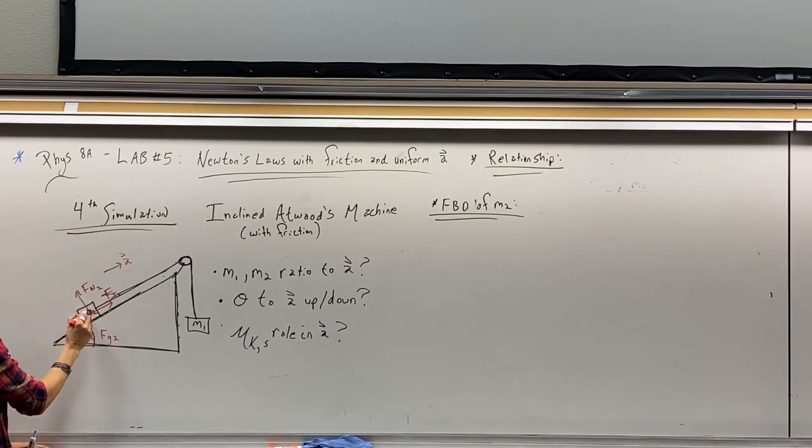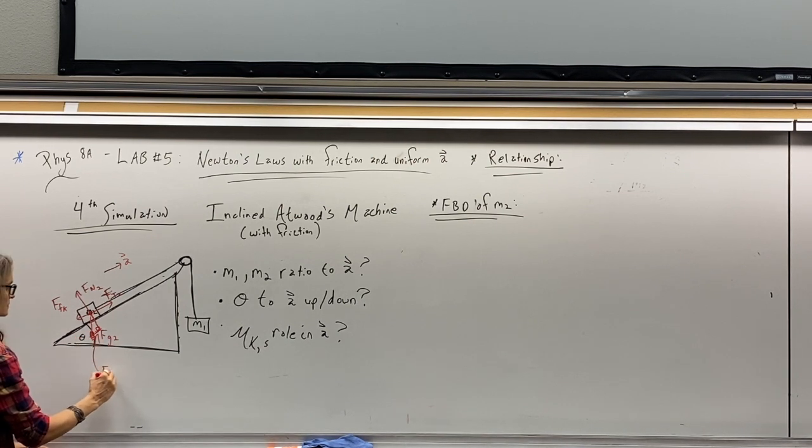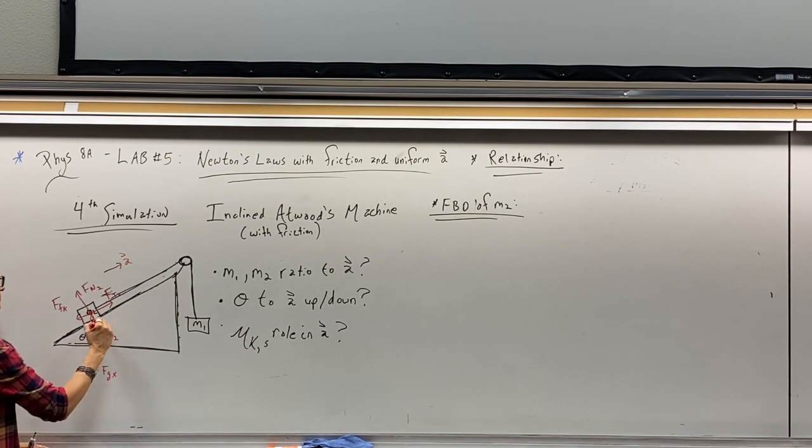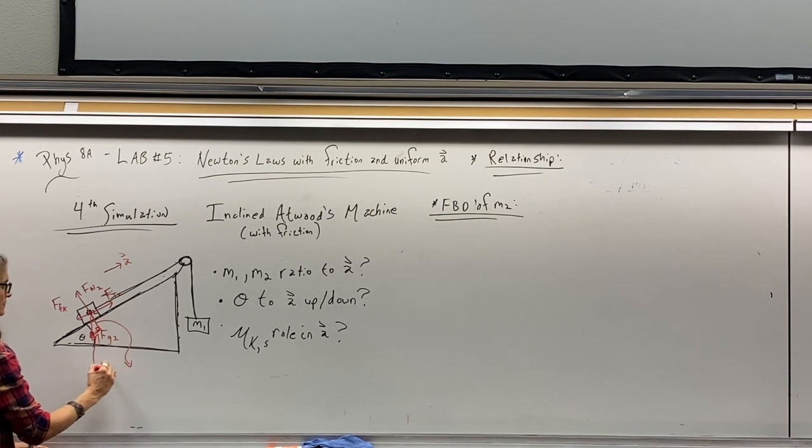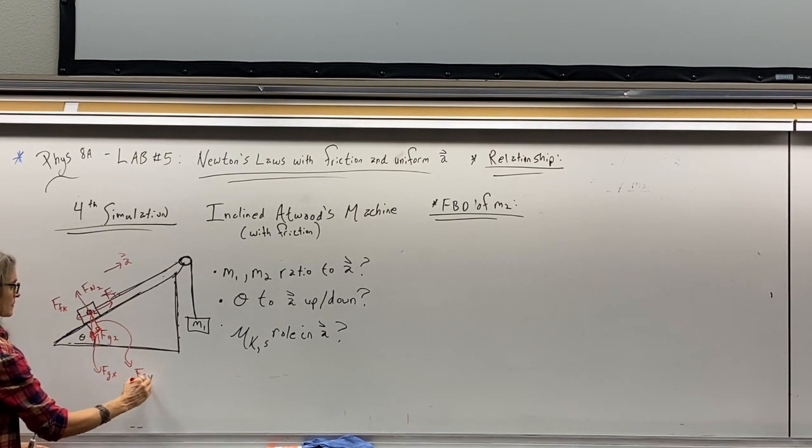So I'm going to have two things here. I'm going to have a little bit of friction. It's accelerating, so it will be kinetic friction in this direction. But here I'm also going to have some x component of weight down.